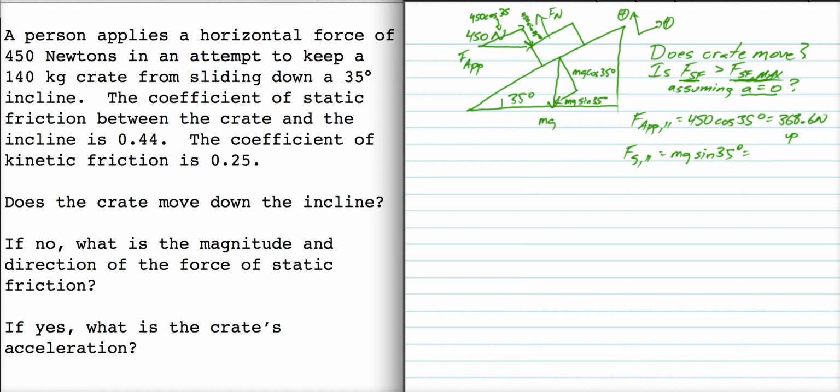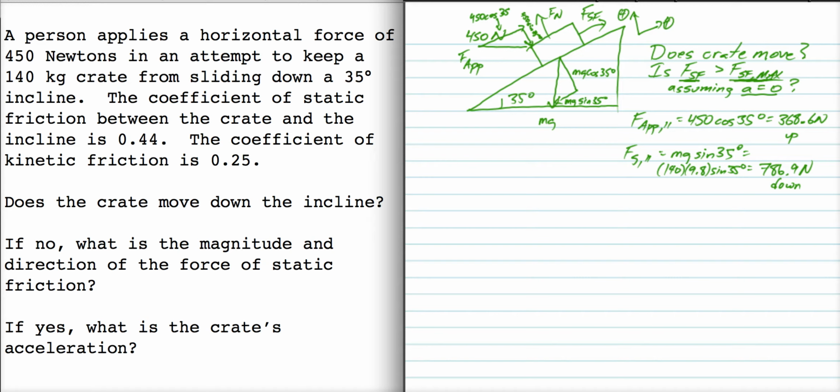Since m is 140 kilograms, I take 140 times 9.8 times sine 35, and that is 786.9 newtons, and that's down the ramp. So the other parallel forces add up to a net force that points down the ramp. Therefore, the force of static friction must point up the ramp.